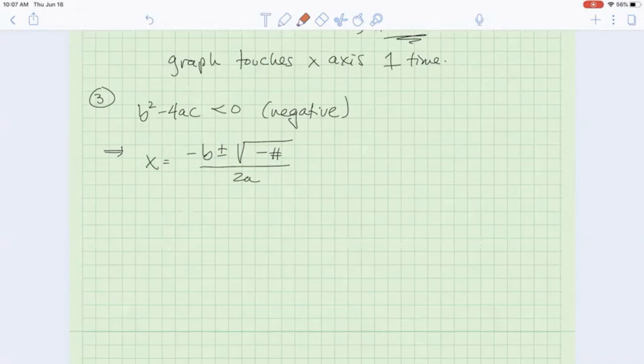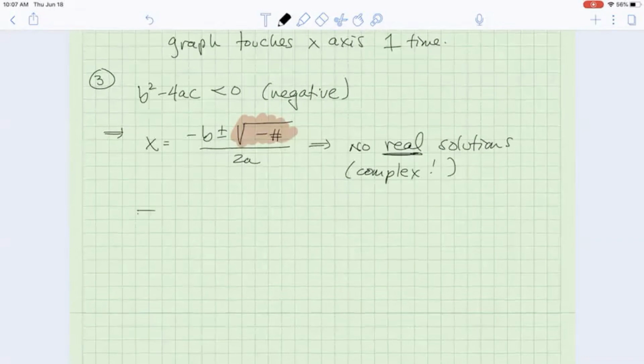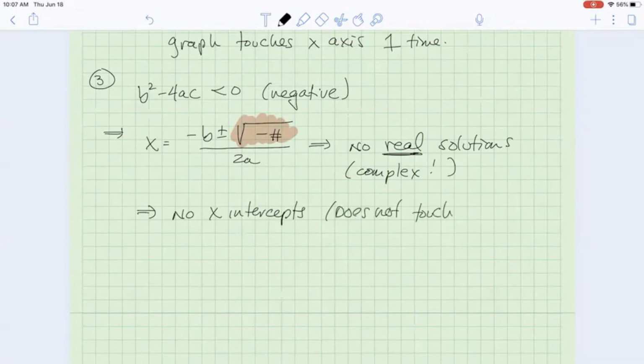And the issue here is taking the square root of a negative number, and so this has no real solutions. It's not that it doesn't have any solutions. The idea here is that it has no real solutions. It means that they're complex, but that translates to no x-intercepts. Does not touch the x-axis.